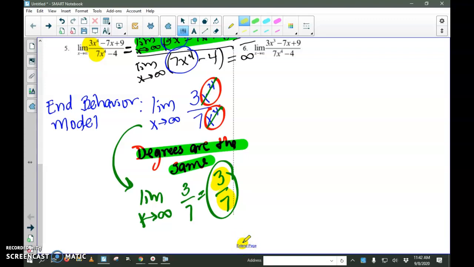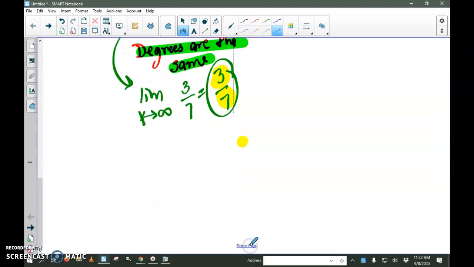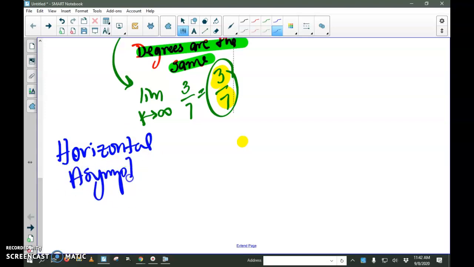Okay, and so to finish this, we would say that the limit as x approaches infinity of 3/7 is 3/7. What that means is that there is a horizontal asymptote, which we saw when I graphed it for you. And the equation for that is y equals 3/7.